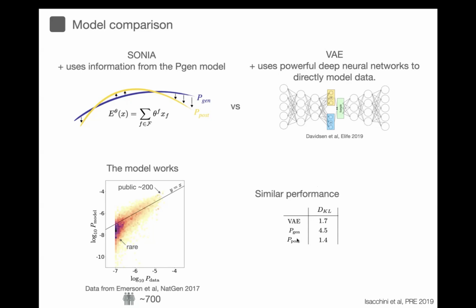And when we look at the performance in characterizing these public receptors, we compare the performance using Kullback-Leibler divergence, where smaller is better. And we see that these linear selection models are working pretty well, and better than powerful neural networks.